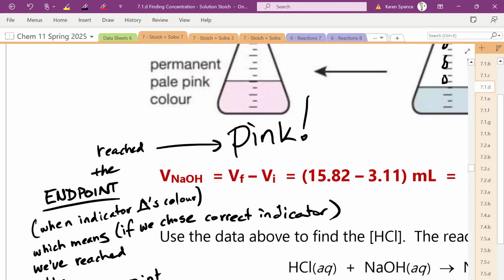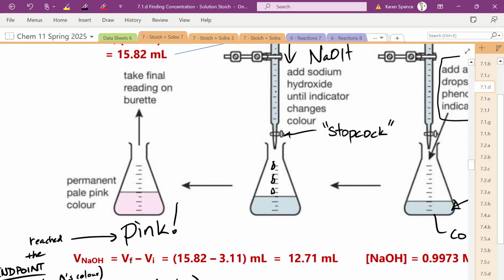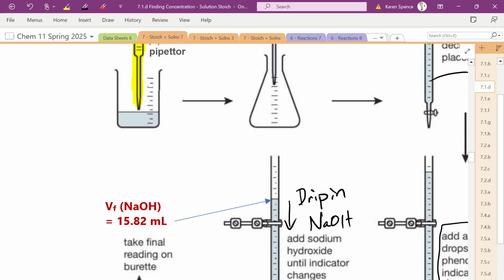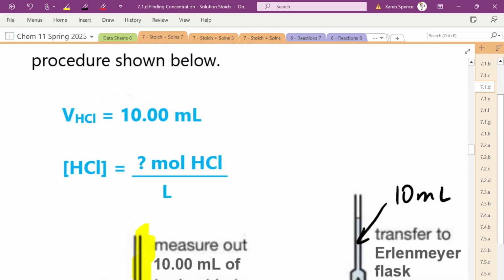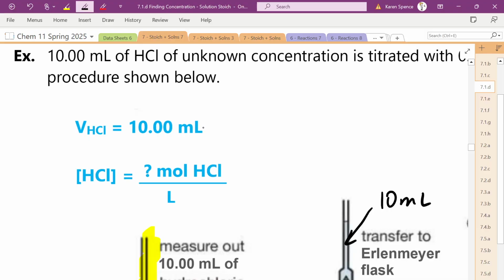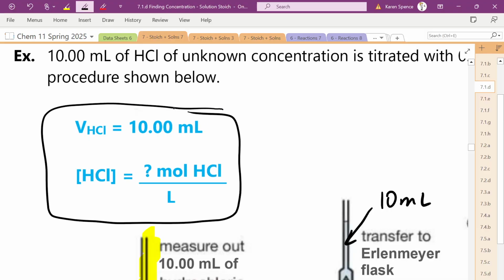Okay, so let's go back up here and take a look at our data, because what we had is HCl, which is our unknown, which is substance B. What would we call the HCl? What are some other words for the unknown in a titration? Analyte.